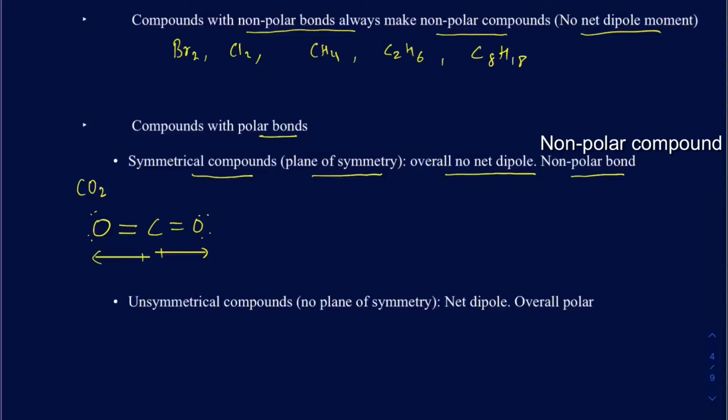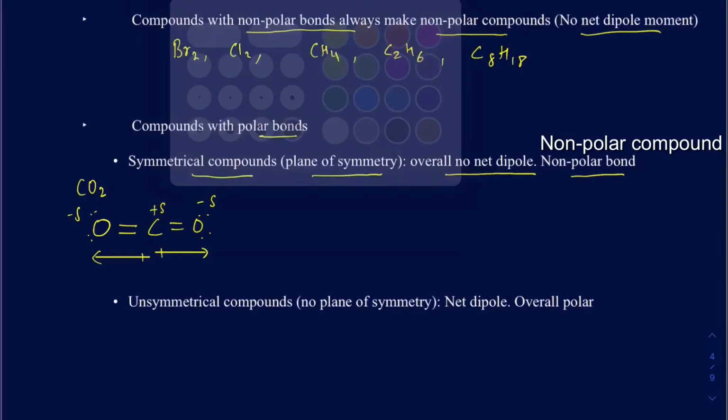I can also write down carbon being less electronegative, so it's going to have a partial positive, oxygen is going to have a partial negative, and this oxygen is also going to have a partial negative. So you can clearly see here you have two dipoles being created by these two bonds, but they are opposite to one another. So since they are opposite to one another, they cancel one another out.